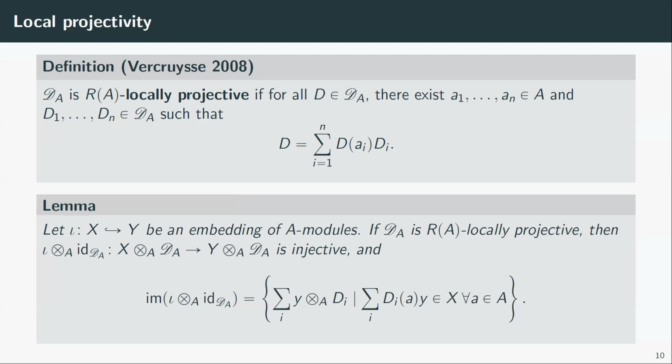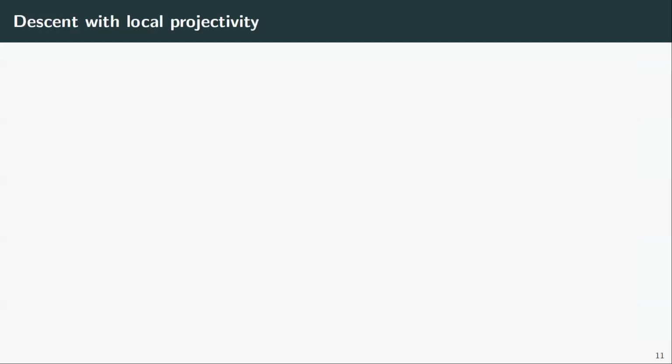Those are the tensors such that whenever I apply the D_i's on some element A, then I should land back in the smaller module X. And thanks to this, we can apply that property to our distance problem.